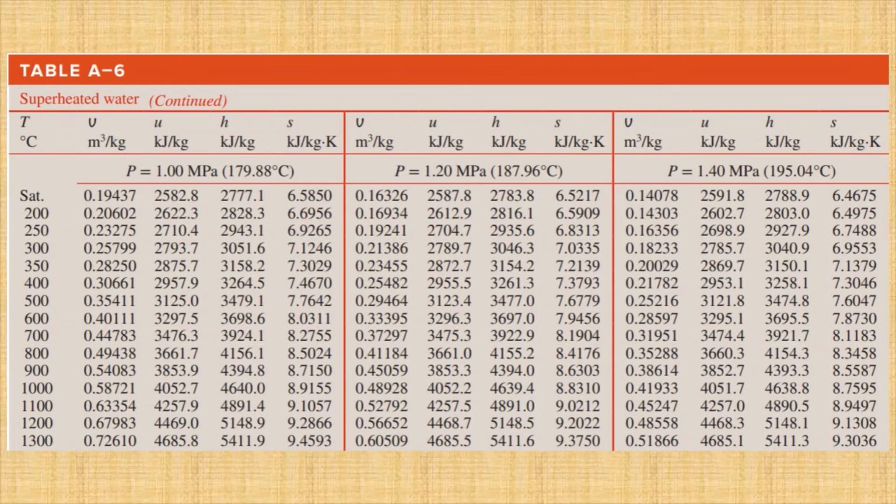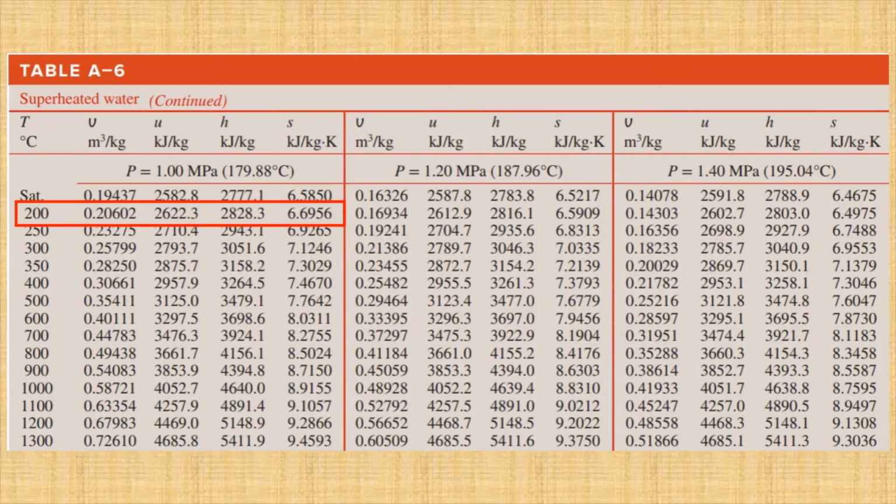First, we choose which box we need. It's this one, since it corresponds to the given pressure value of 1 megapascal. Next, we can use the given temperature value of 200 degrees Celsius to determine that we need to look in this row.